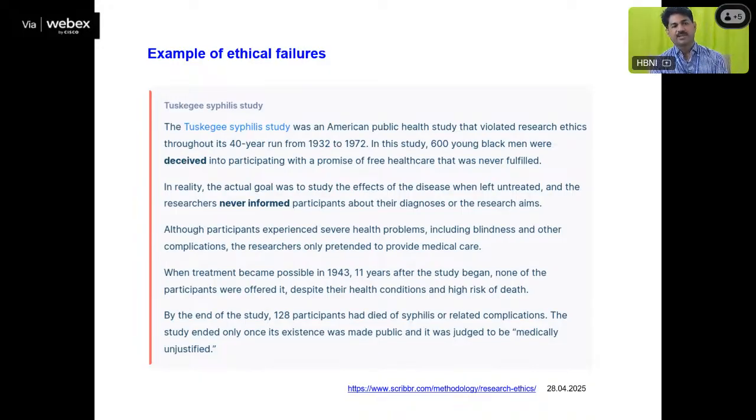It can be medical research, social research, scientific research, any type of research. Ethical guidelines, we first have to understand, then we have to follow them very religiously.